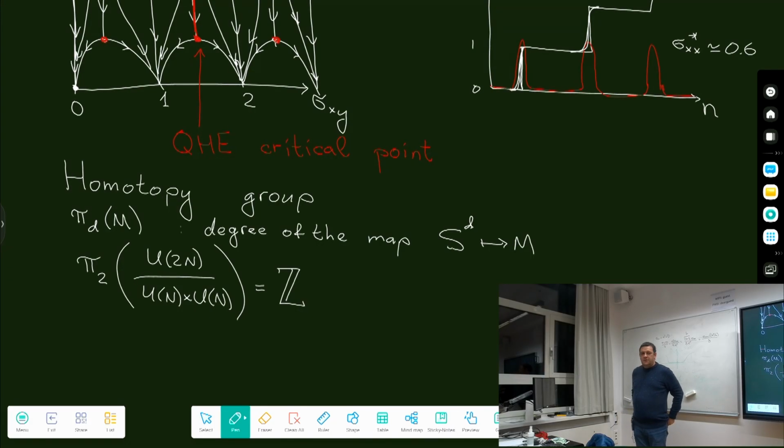And I have a kind of question not about the quantum Hall effect, but about the sigma model. We derived the sigma model for specific numbers of replicas.